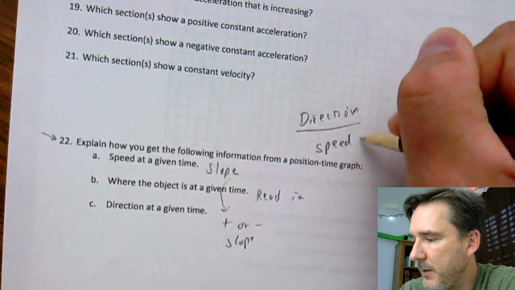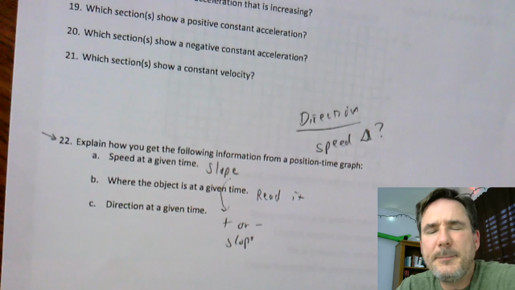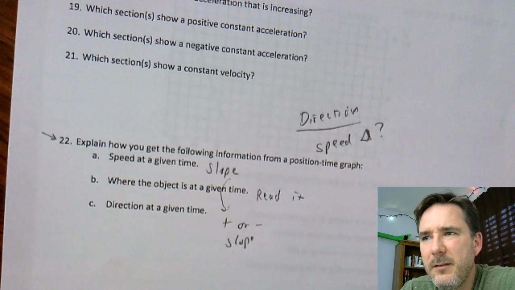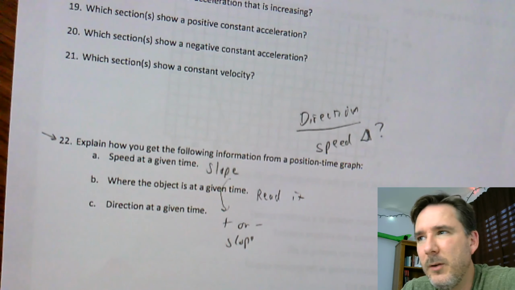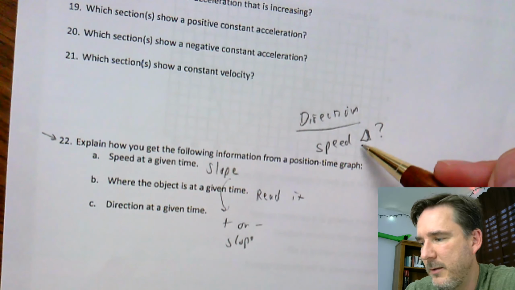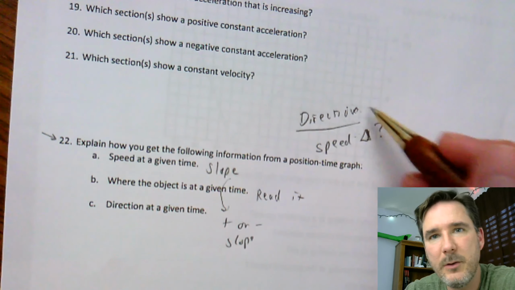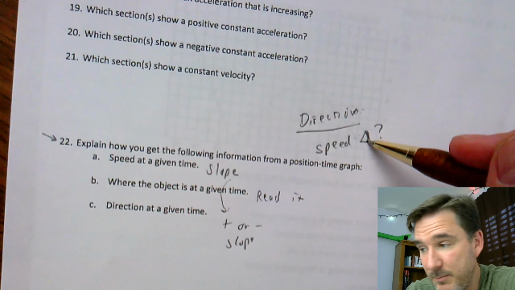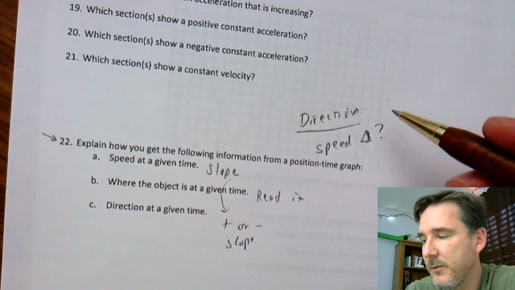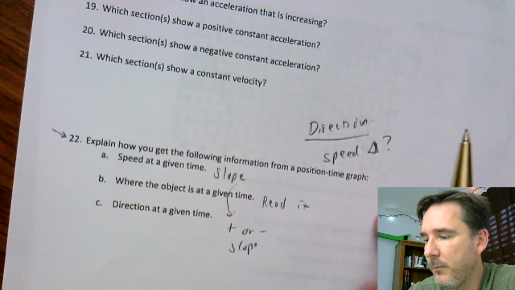Speed change, that's a little triangle delta, which means change. Find the slope, that's the speed. So direction and speed are the two things you want to focus on when talking about motion. The change in speed really comes into play with velocity time graphs, but you should know the direction and the speed of it. I don't know if that was clear or not, but if not, just send me a message.